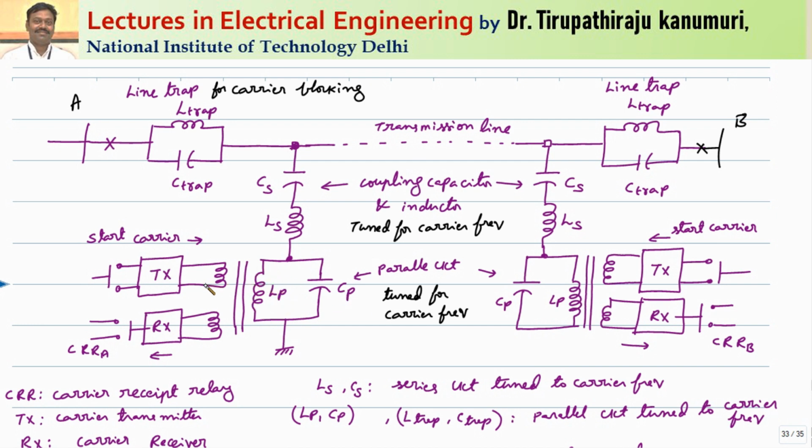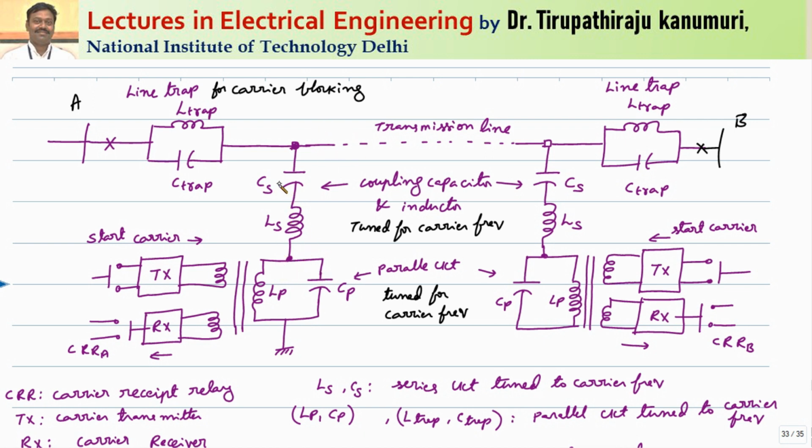As this is coupled to the secondary side, the signal can be easily transmitted to the second side. Similar is the case for the transmitter: maximum signal is transmitted because of the tuning of the parallel resonant circuit, whereas it offers almost zero impedance at the supply frequency, so no part of the supply frequency component is injected into it. That means this carrier circuit is completely isolated from your supply frequency.